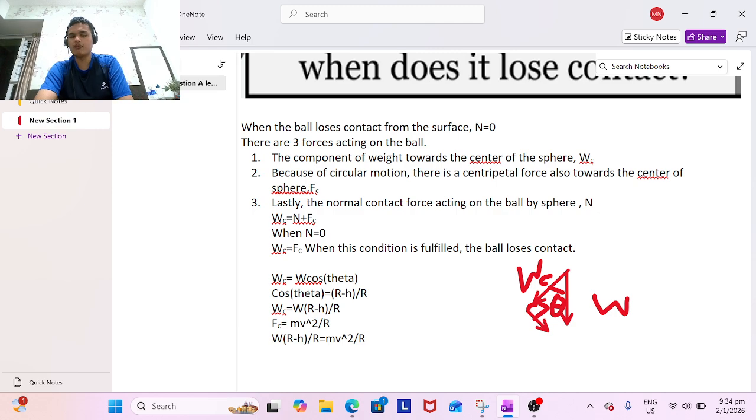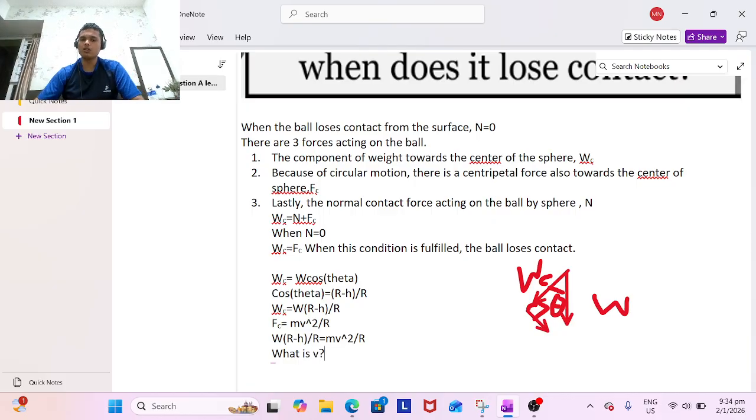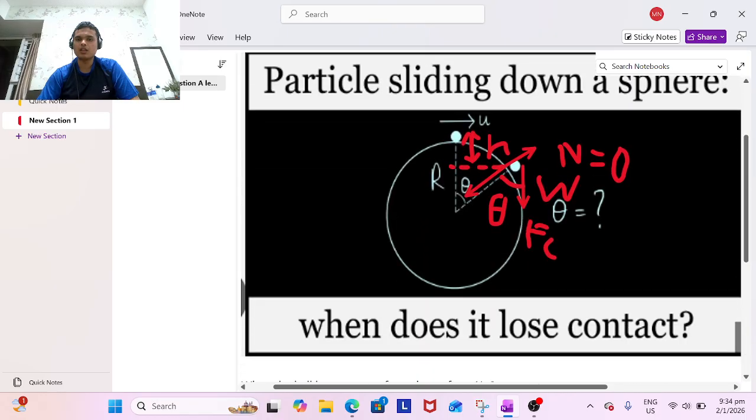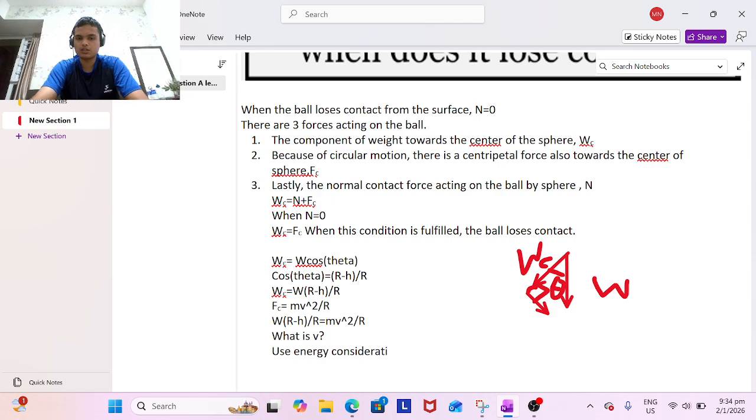We need to solve for one of the unknowns, and so we need to solve for v in this case. So what is the velocity of the ball at the moment it loses contact with the surface? For this we use energy considerations.